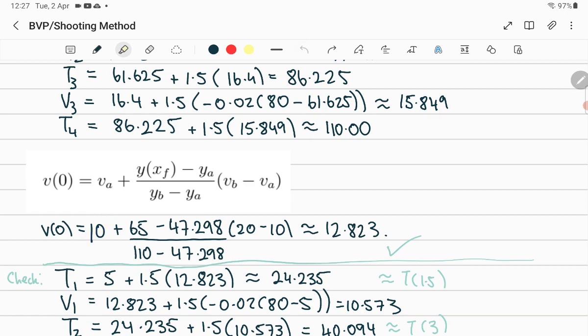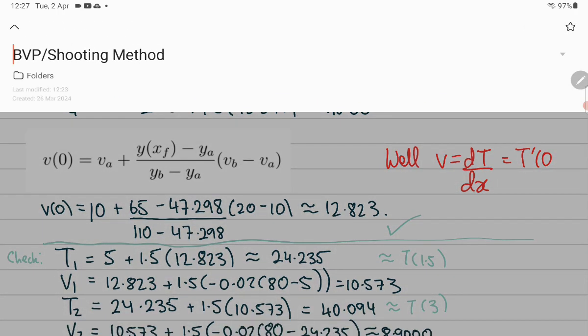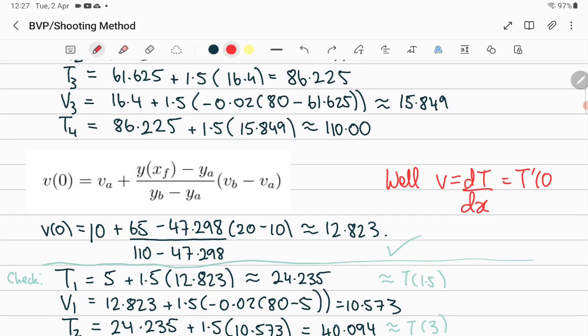But you can check your answer. So, why is that the answer? Well, remember that v is nothing but the derivative of temperature. In other words, it's T dashed of x.